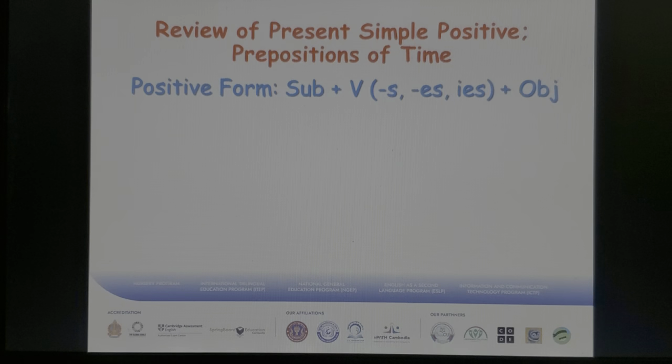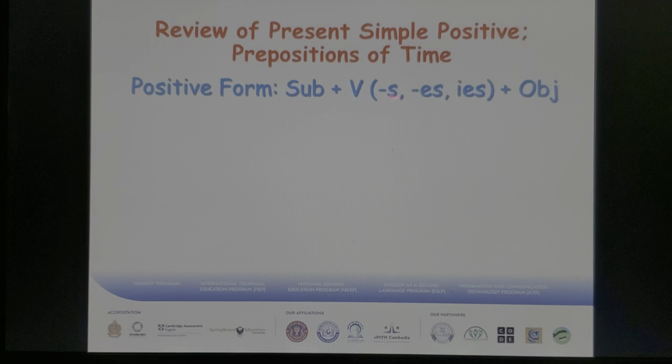Let's take a look. So normally the positive form, we have subject plus verb, that verb can add s, es or ies, plus object. That is the general form.